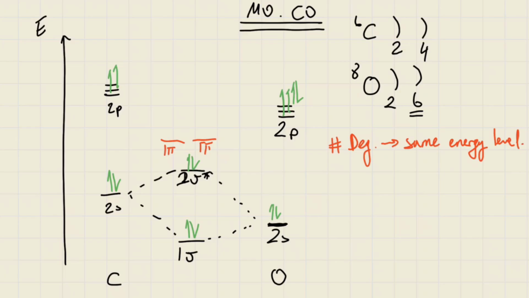So I want to mention here, we have the 3 sigma, and the sigma star molecular orbital. We have the anti-bonding orbitals and sigma anti-bonding orbitals.